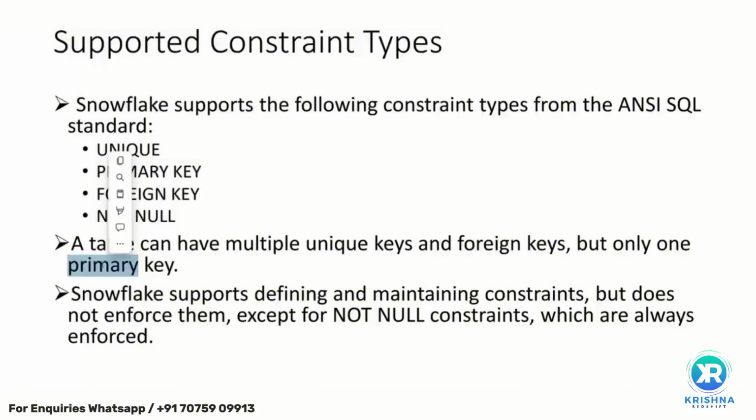Snowflake supports defining and maintaining constraints, meaning you can define them, but it does not enforce them. If you define a primary key, what is a primary key generally? It should be unique and not null, right? So you have to insert only unique values. You should not insert duplicate values because you defined it as a primary key.